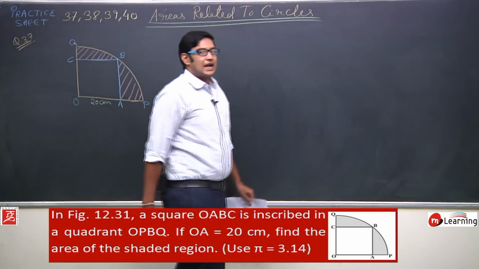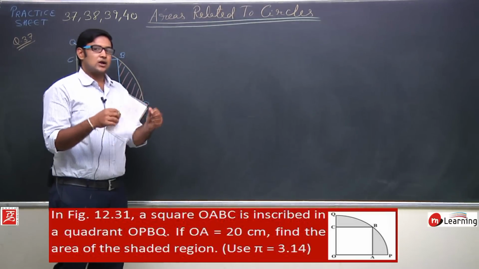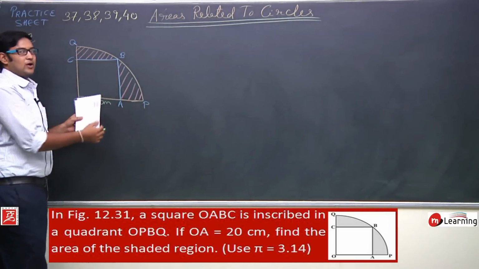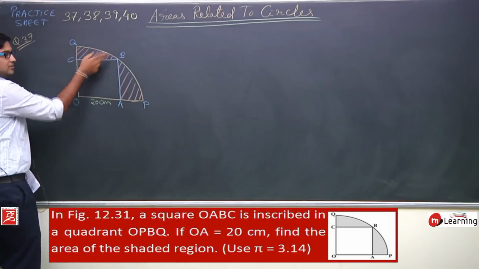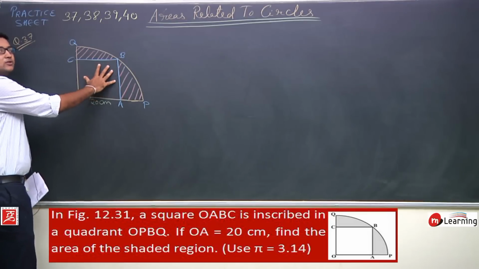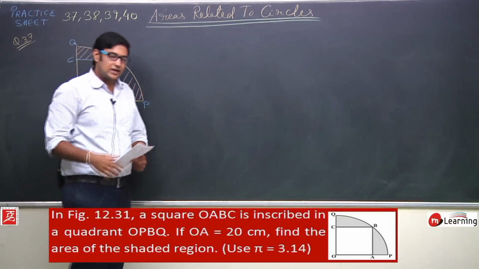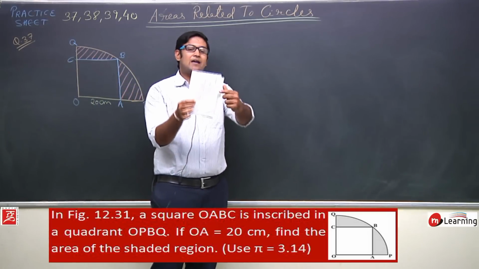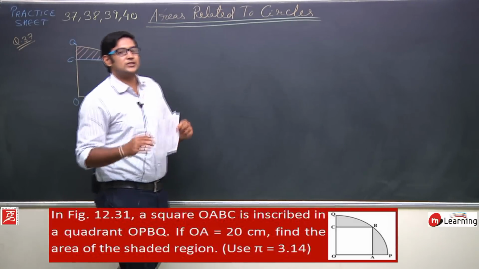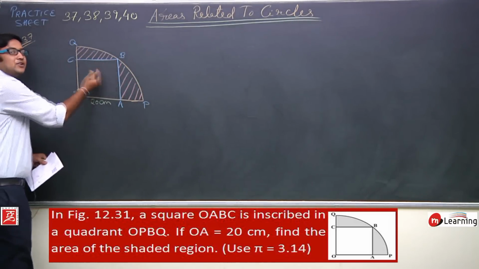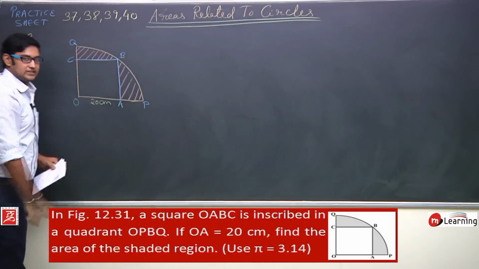If I take a piece of paper in the shape of this quadrant, and remove the square from that piece of paper, I will be left with this region and this region, these two regions. Try to understand the concept.